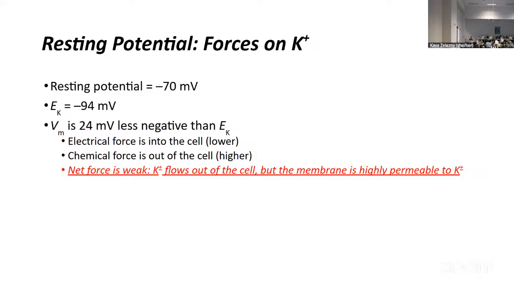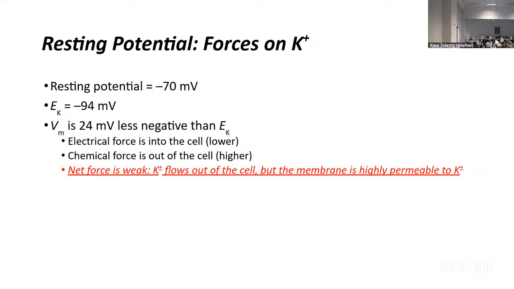We remember that an equilibrium potential is what membrane potential you would have when all of our forces on that specific ion equal out, cancel each other out. So at -94, were that the membrane potential of our cell, there'd be no net movement of potassium because our chemical driving force and electrical driving force on potassium would cancel each other out.